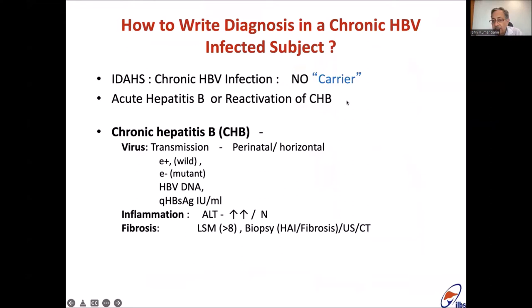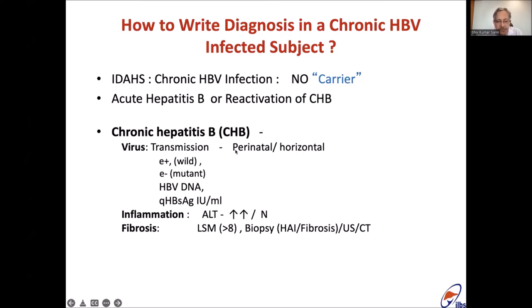We don't use the term carrier. I don't have time to tell you, but all carriers also suffer from some liver disease. We also have to differentiate acute hepatitis B, with very low DNA, from reactivation, where the DNA levels are very high. Remember this.